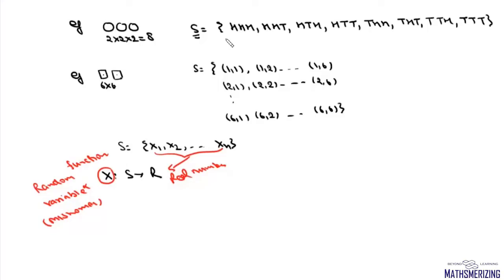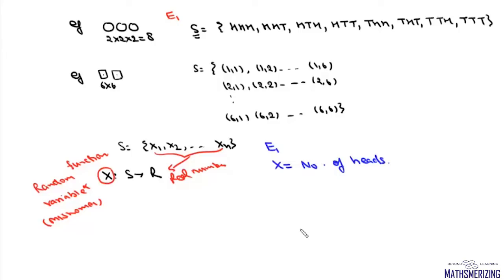Now say for example, if we consider our first random experiment and say this random experiment is E1, then for E1, we are tossing 3 coins and we are having these 8 possible outcomes. In this experiment, I can define a function X, and we define this X as number of heads.